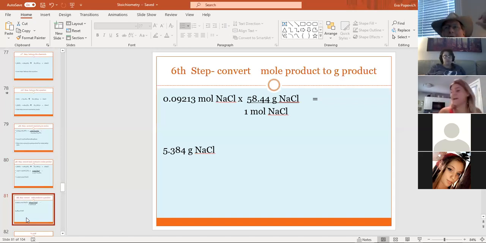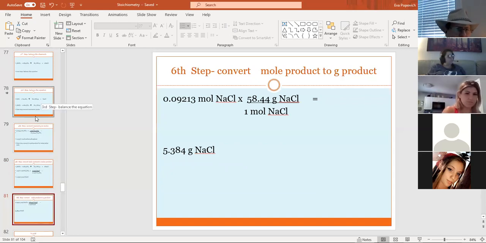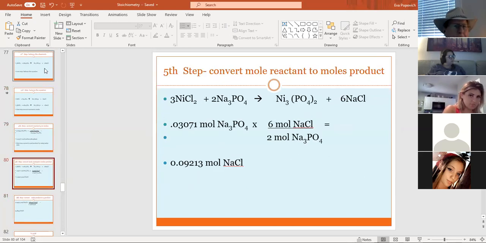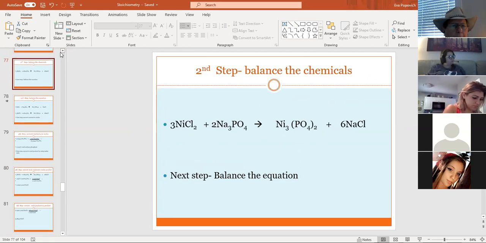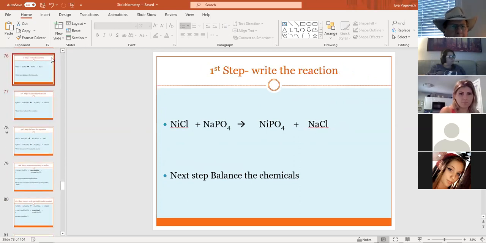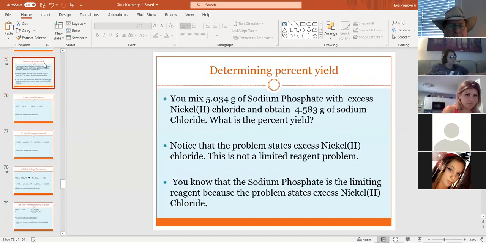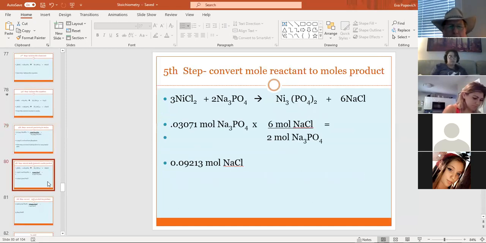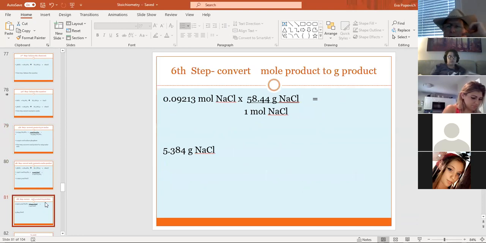So what I've just determined is that if I start with 5.034 grams of sodium phosphate, by stoichiometry I can make 5.384 grams of sodium chloride.